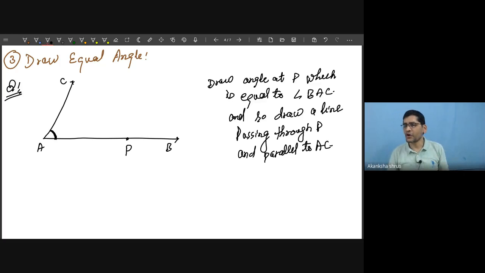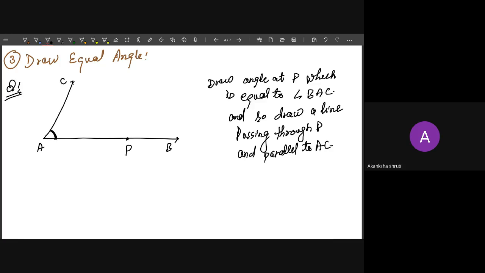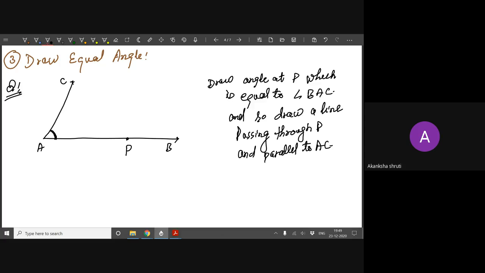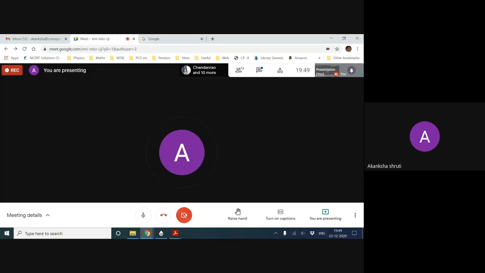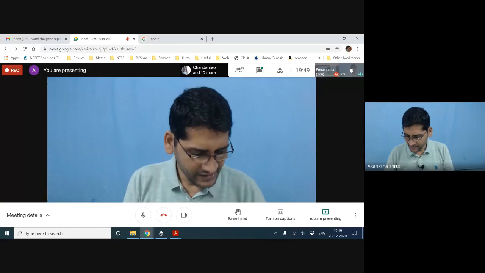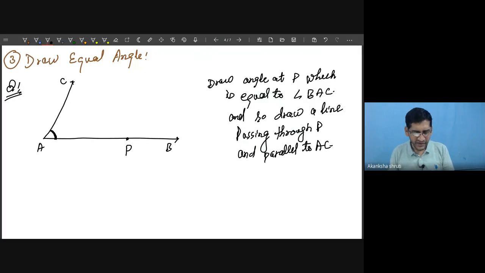Why does it become a corresponding angle? That we will see. By corresponding angles, they become equal and we can get it. So let us see how to get it.